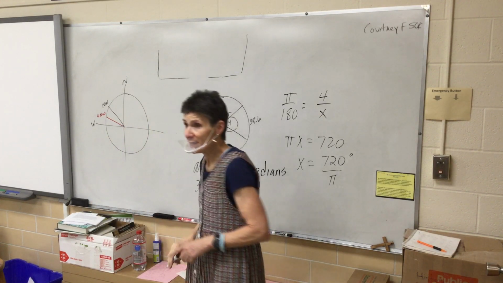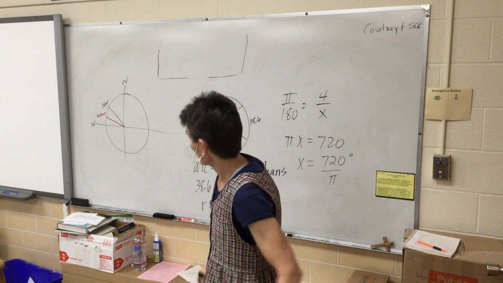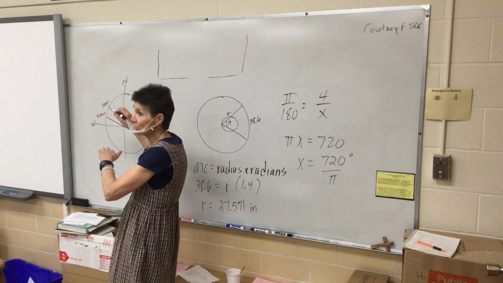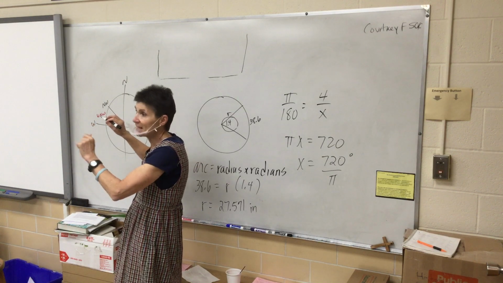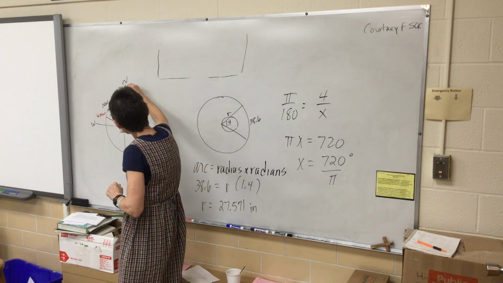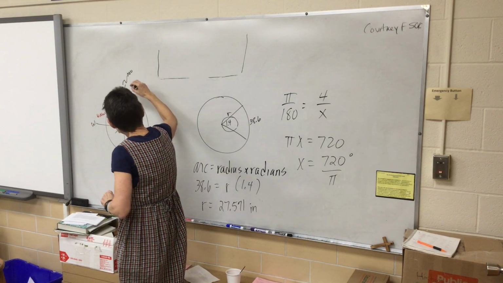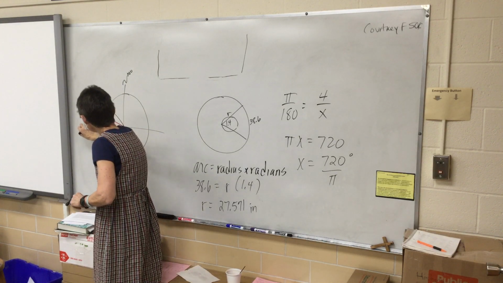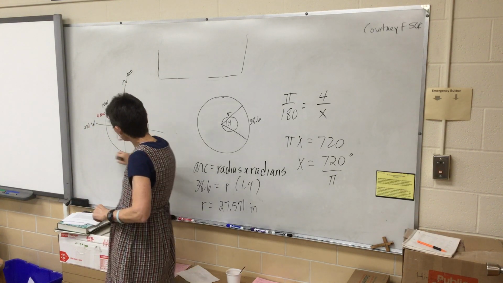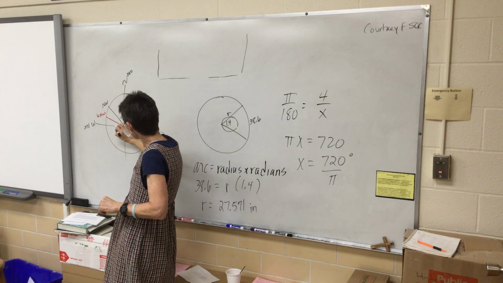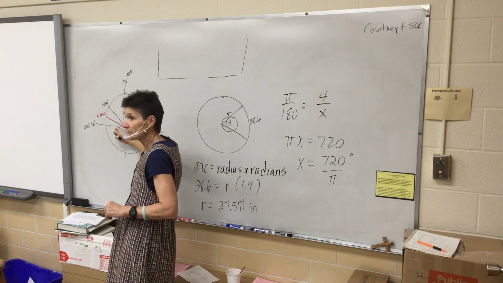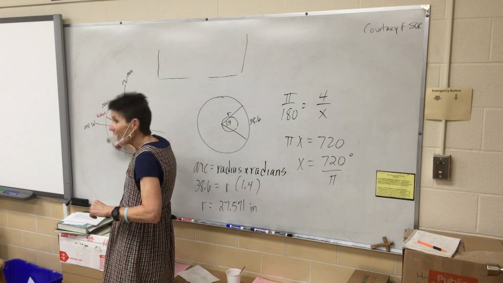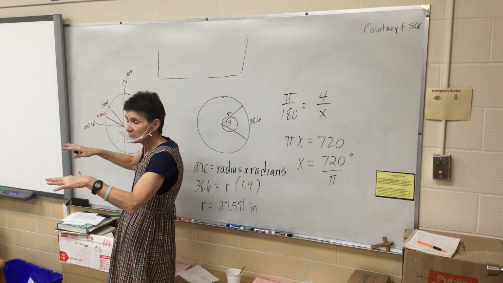Now remember, when you measure, you're starting at due north going clockwise when you're doing angles. I mean, navigational angles. So I'm going to start up here. This is 0. This would be 90, 180. Here's 270. So I got to go all the way around to 270, and then I got to go this much more. Now, remember, a quadrant is 90.